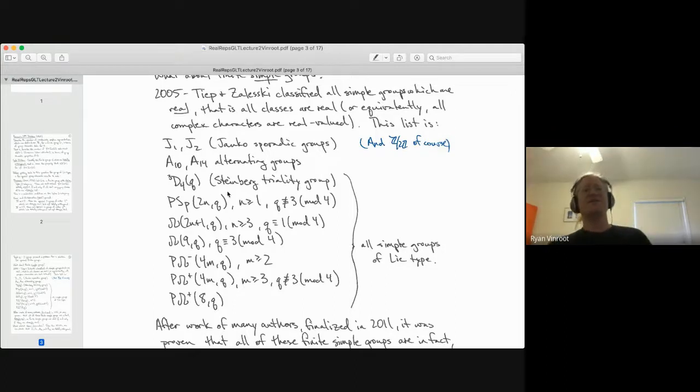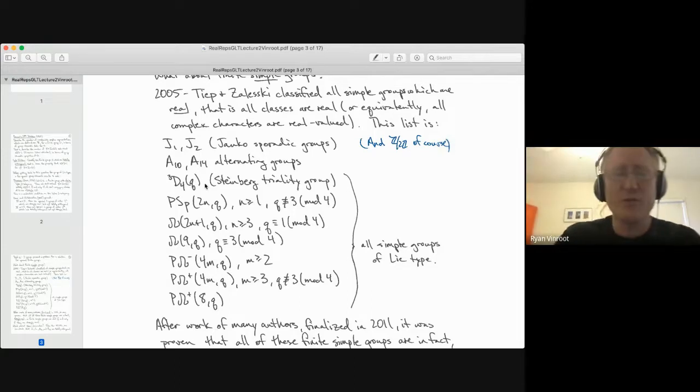And then here's an exceptional group, the Steinberg triality group. So you can twist Frobenius maps by various automorphisms of the group. D4 has an order 3 graph automorphism if you look at its Dynkin diagram. And so the Steinberg triality group is obtained by twisting Frobenius by this order 3 graph automorphism of D4. And so that one happens to be strongly real.